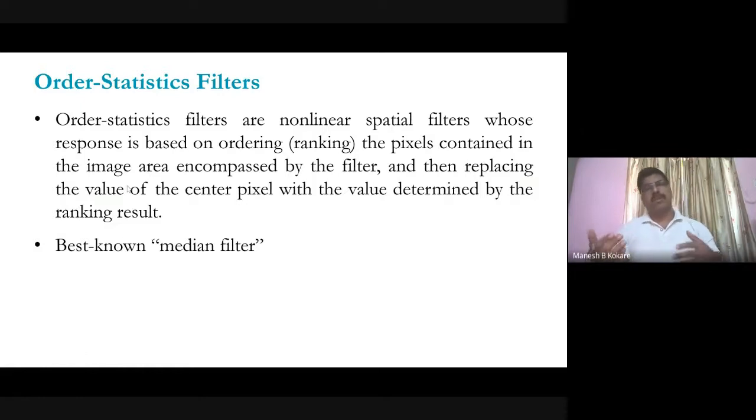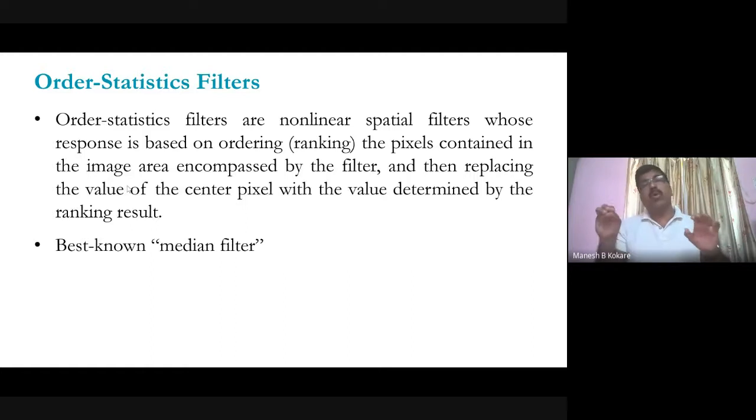Another, as I told you, non-linear filter for smoothing the image, or for removing the noise, is nothing but the median filter. The operation remains the same. The only thing is that for the final output, instead of taking the average, here you are taking the median. But the advantage of this median filter is that it will not blur the edges.